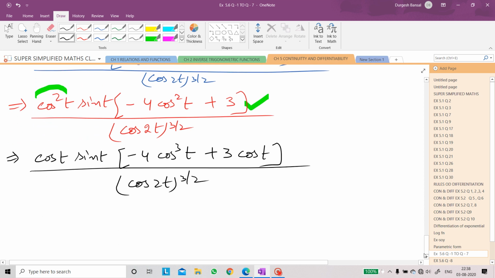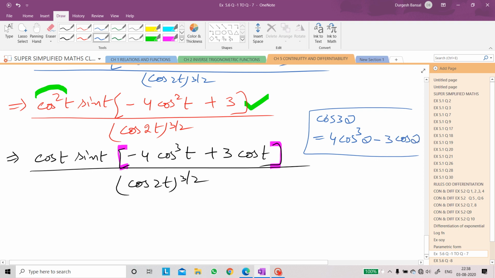Now this bracket gives you the formula of minus cos 3t. So here I can write that the formula of cos 3 theta is 4 cos cube theta minus 3 cos theta. So here it is minus 4 cos cube t plus 3 cos t, that is negative of it.